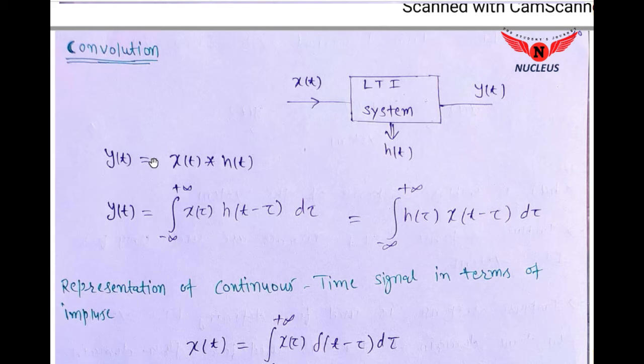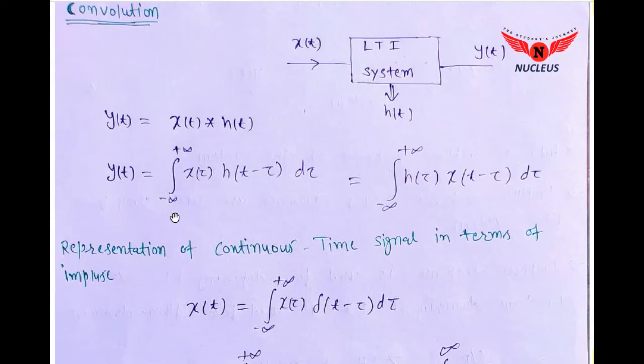So y(t) can be written as the convolution of x(t) and h(t), and in integration form we can write y(t) equals the integration from minus infinity to plus infinity of x(tau) h(t minus tau) d tau. You can write it in this form also.